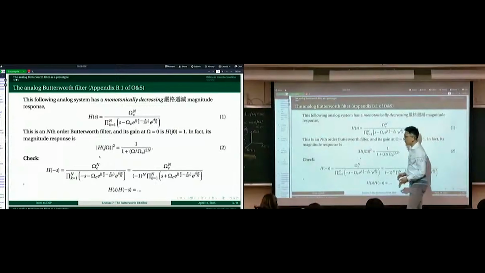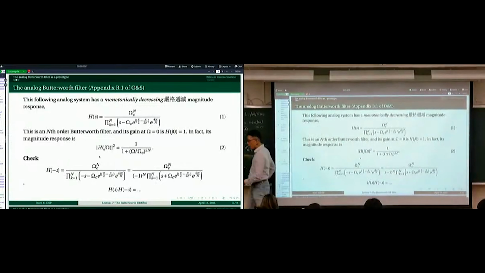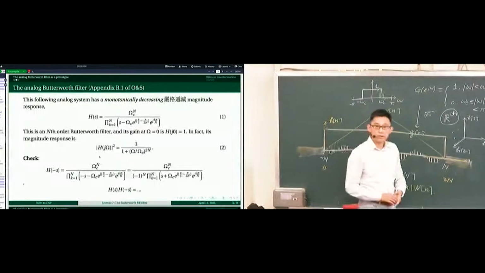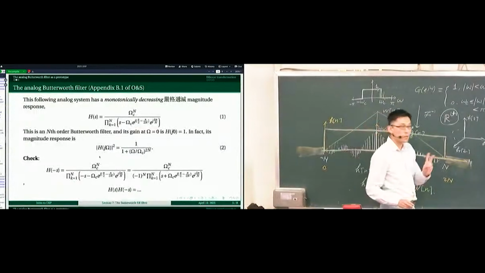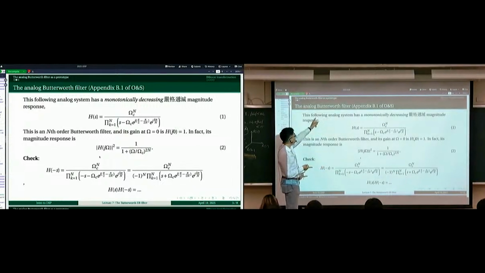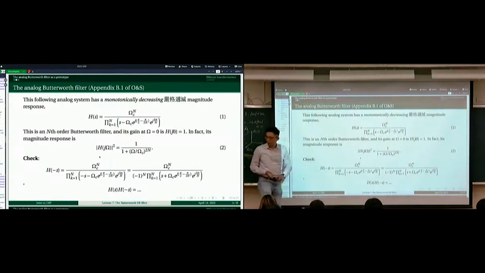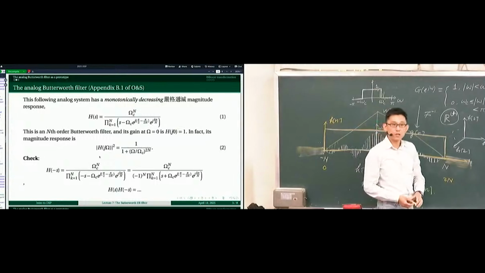Next week I will invite us all to do 2 things. First of all, we can make sketches. I love making sketches. We can draw the magnitude response, right? As you can probably see, the magnitude response is going to be monotonically decreasing, that is 严格递减.